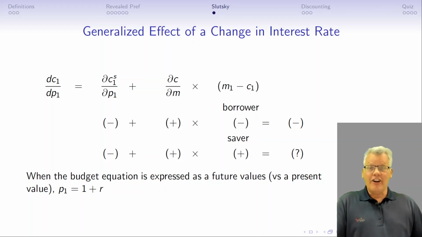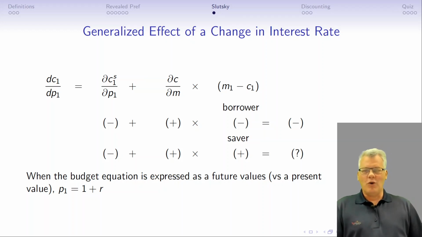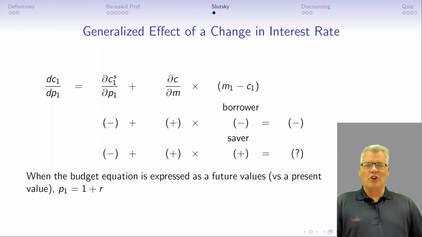And an inferior good is a good where as I become wealthier, I want less of it. Well, consumption is a normal good, right? Consumption in period 1 and consumption in period 2 are both, by assumption, normal goods. So that makes this term globally positive. We multiply it by the next term, which is where the complications come in: M1 minus C1.